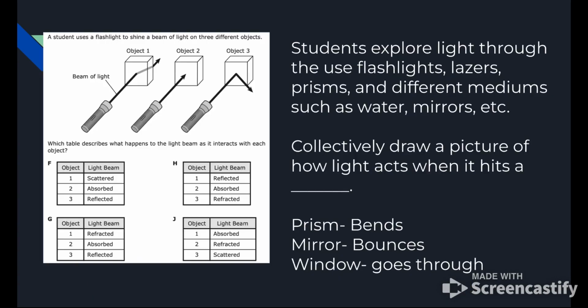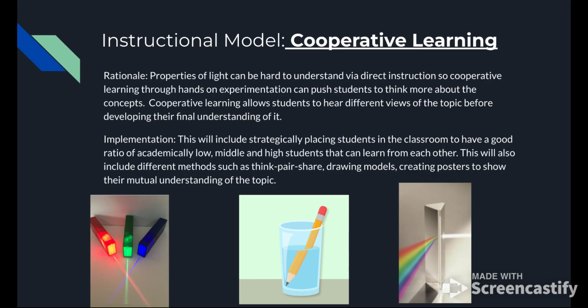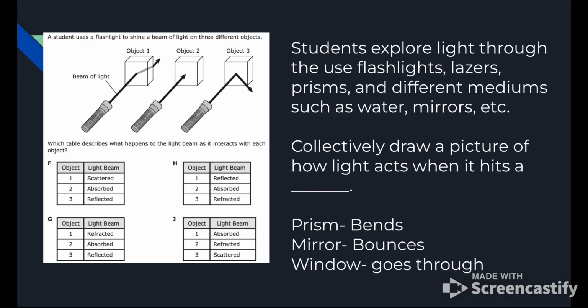So in this specific example, if we are looking at the different properties of light and we're trying to determine if light is going to either reflect or refract or transmit, whatever the case might be, before giving students questions like this and before them being able to master something like that, it's super important for them to explore light through the use of flashlights, lasers, prisms, and different mediums such as water and mirrors. So this is when all that cooperative learning comes together.